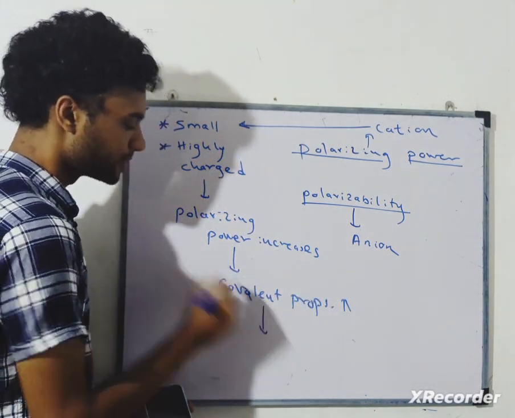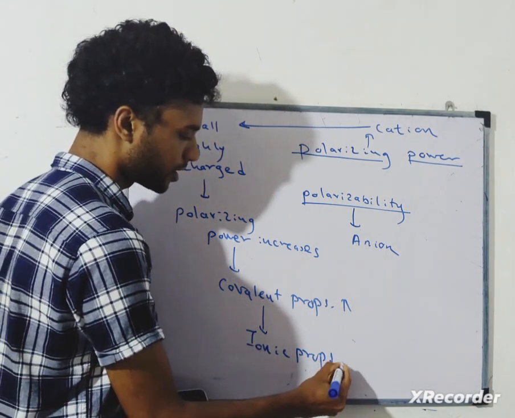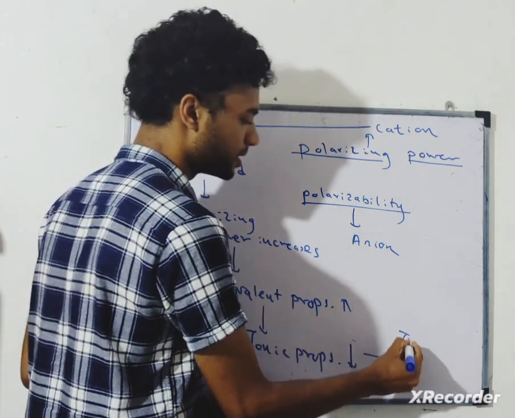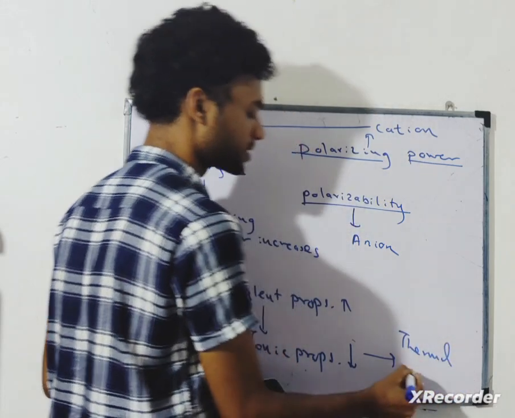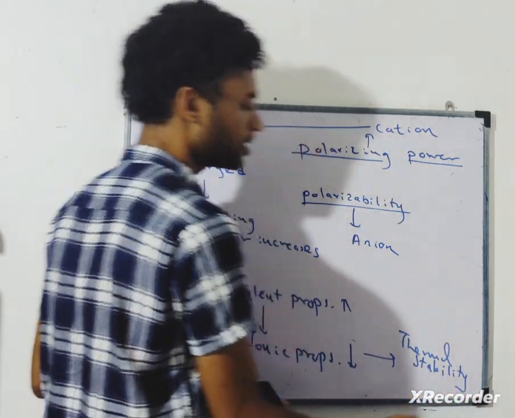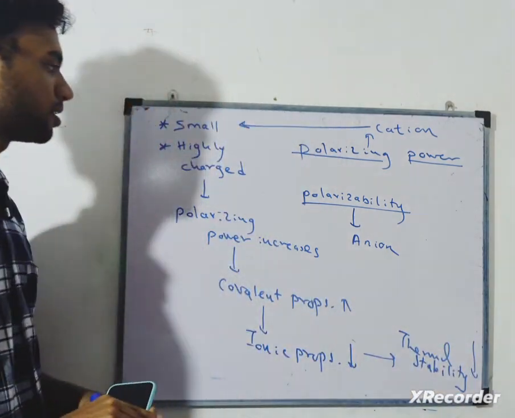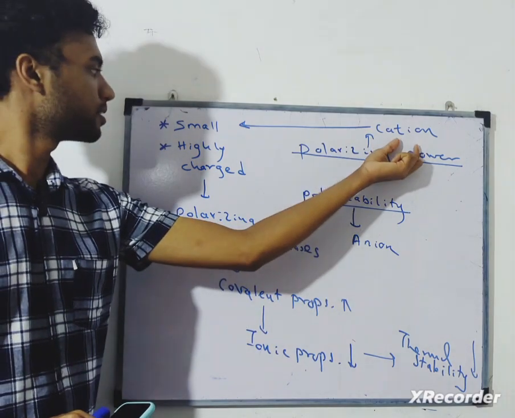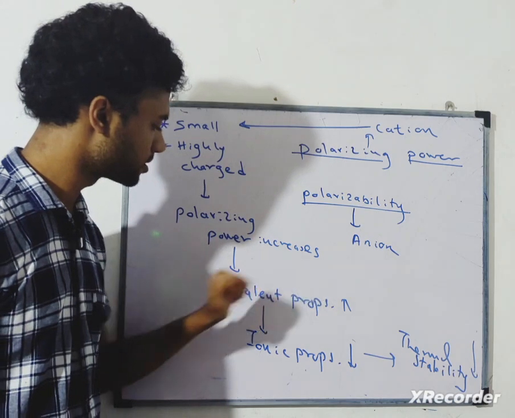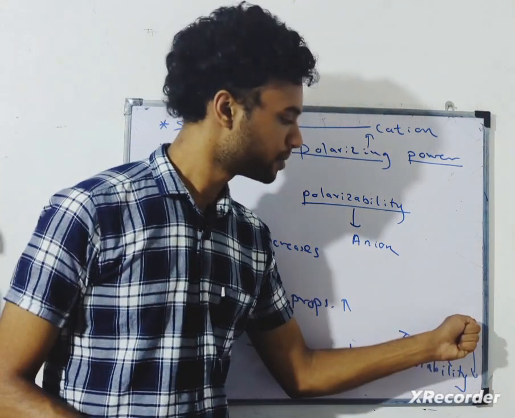When the covalent properties increase, ionic properties decrease. When the ionic properties decrease, thermal stability-like properties, look at the properties from the book, I'm not going to mention everything, are going to decrease. That clear? So when the cation is small and highly charged, the polarizing power increases, covalent properties increase, ionic properties decrease, thermal stability decreases.